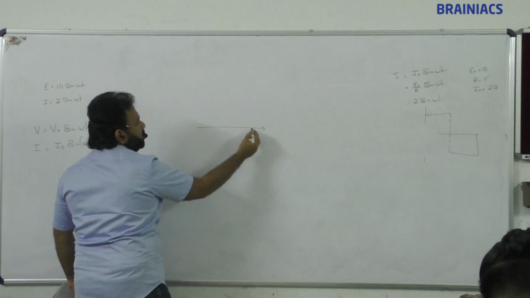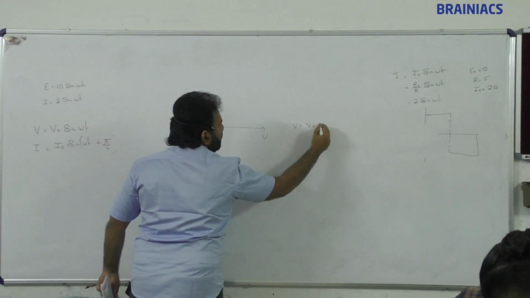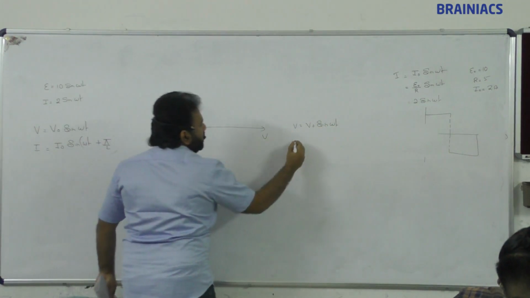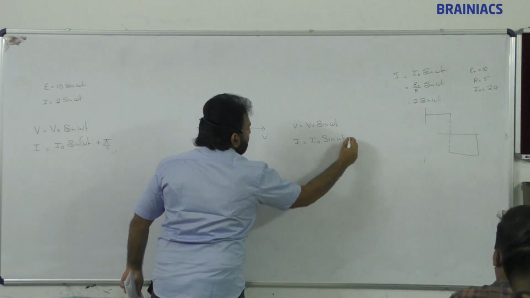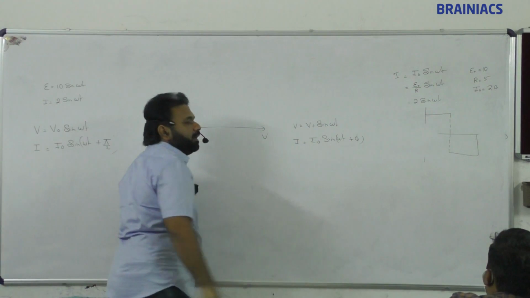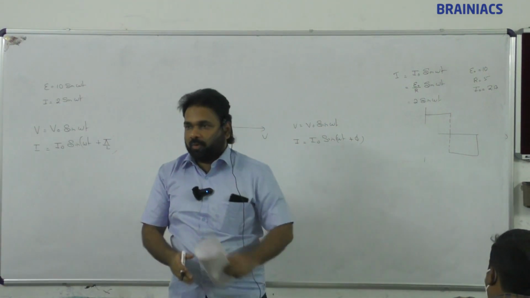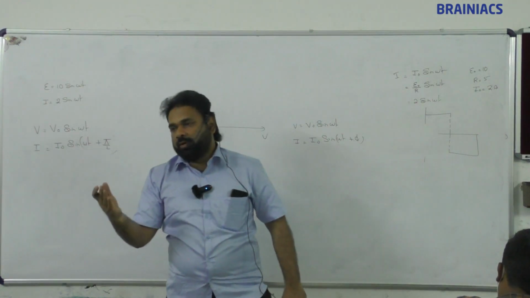Okay, this is going to be voltage. V is equal to V naught sine omega t. I is equal to I naught sine omega t plus phi. This phi is the initial phase difference, meaning right from the beginning, I is different from voltage.